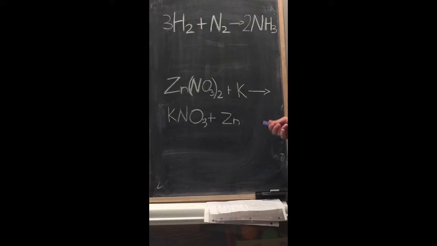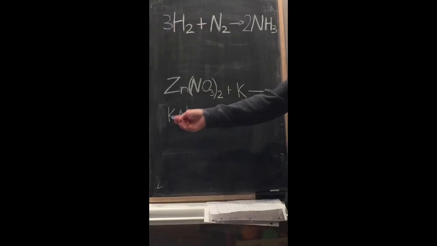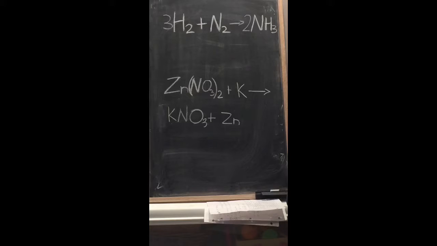Let's balance this equation. In this equation, we have 1 zinc here and 1 zinc here. We have 1 potassium and 1 potassium. So we don't need to change those. We also have 2 nitrogens and 6 oxygens here, and 1 nitrogen and 3 oxygens there. So this part is not balanced.